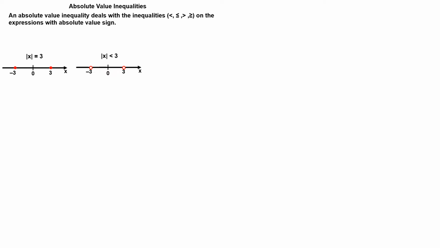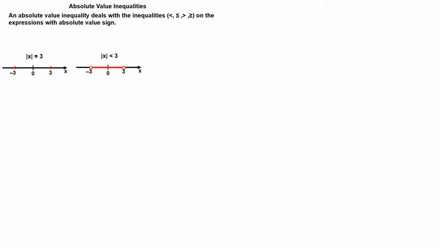Even 3 and minus 3 won't work, though they are right on the edge, because this is a less than but not equal to inequality. So graphically, the solution looks like this. The empty circles at the ends of the red line indicate up to, but not including, these points.